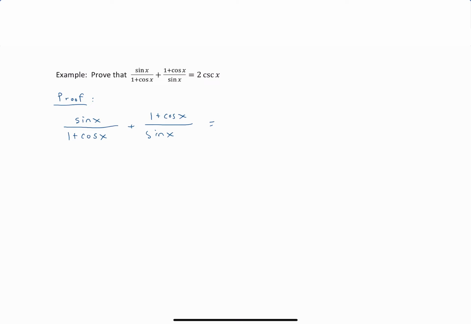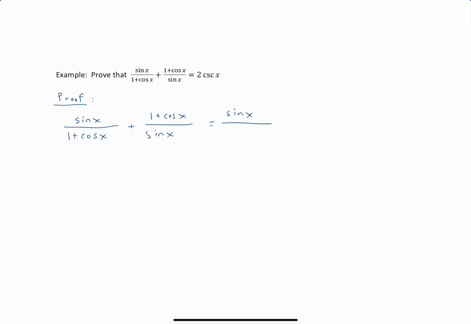And there's always something you can do when you are being asked to add two fractions. Namely, you can put in the LCD and do the addition. So that's what I'm going to do here. The LCD will be 1 plus cosine times sine. And notice I didn't do that on the first step over here. I just wrote it down exactly as it is. Now I'm going to do some algebra to it.